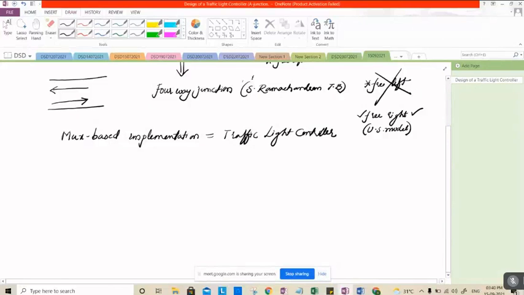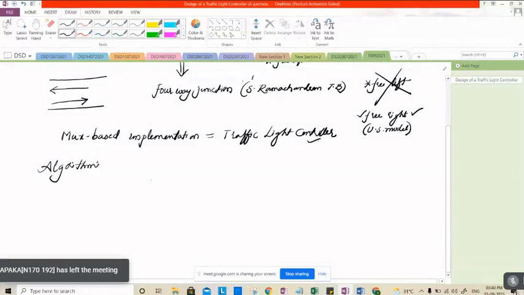Before discussing that, we shall get into the algorithmic state machines first, and after that we will discuss the mux based implementation of the traffic light controller.